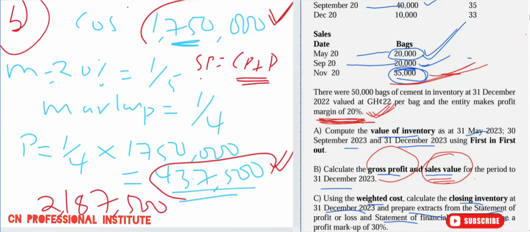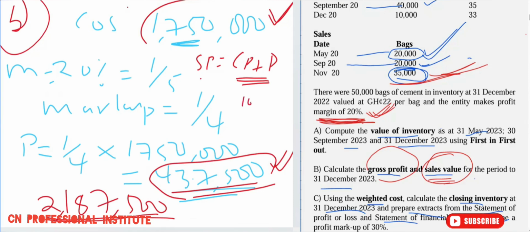So we've gotten our gross profit. These are the first requirement: our gross profit, 437,500, and our sales revenue or sales value is 2,187,500, right?